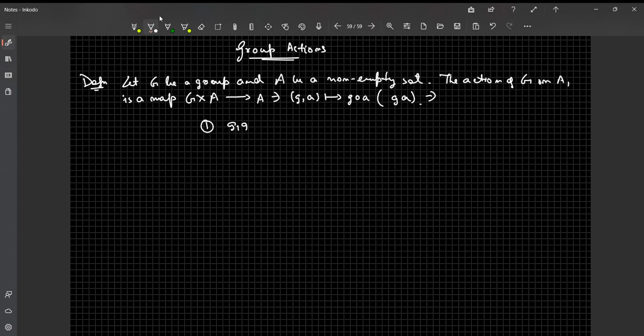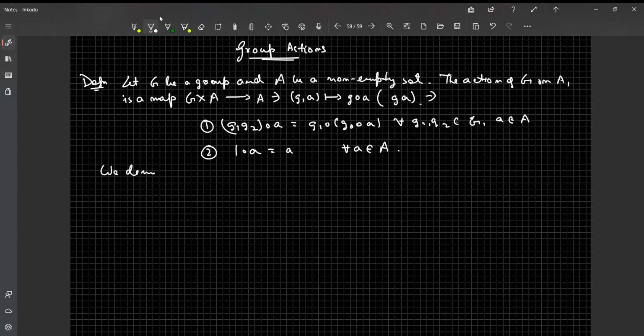Property number one: (g1 g2) on a is the same as g1 on (g2 on a). And number two: 1 acting on a is a. This happens for all g1, g2 in capital G and a in capital A. So the action of G is this map which satisfies these conditions.